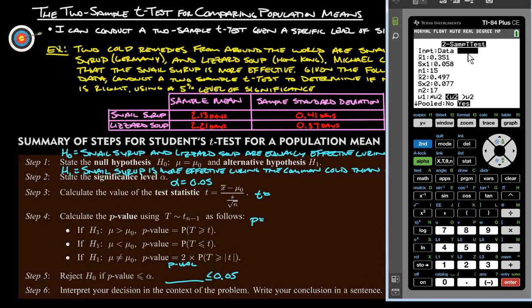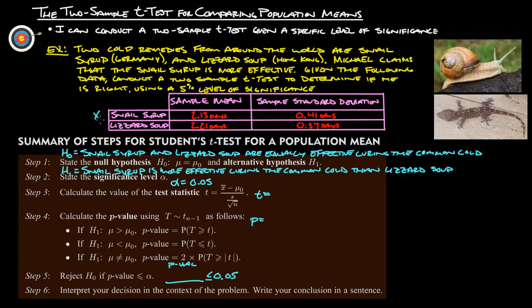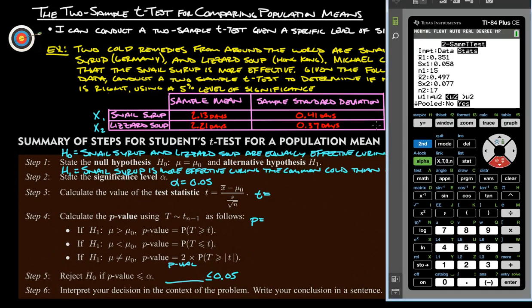In this case, they give us the statistics. We push enter, make sure that one is flashing, and then go down, make sure it's highlighted. We'll call this one X1 and this one X2, just because it's the first one and the second one.